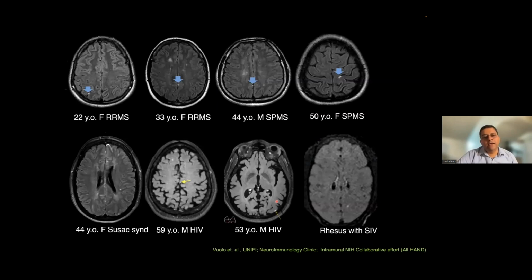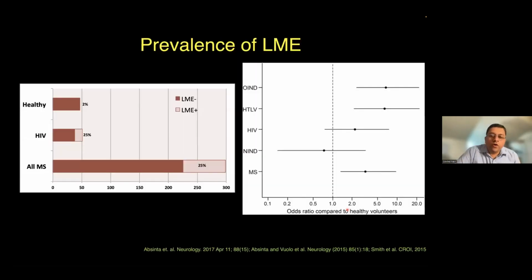However, when we looked at other diseases, we saw that these LMEs could be seen in HIV, even in a rhesus infected with HIV. So that was sort of broader than what we were hoping for. In fact, in MS, only 25% of these subjects showed LME, leptomeningeal enhancements. The same case for HIV, and even one healthy volunteer did show leptomeningeal enhancement.